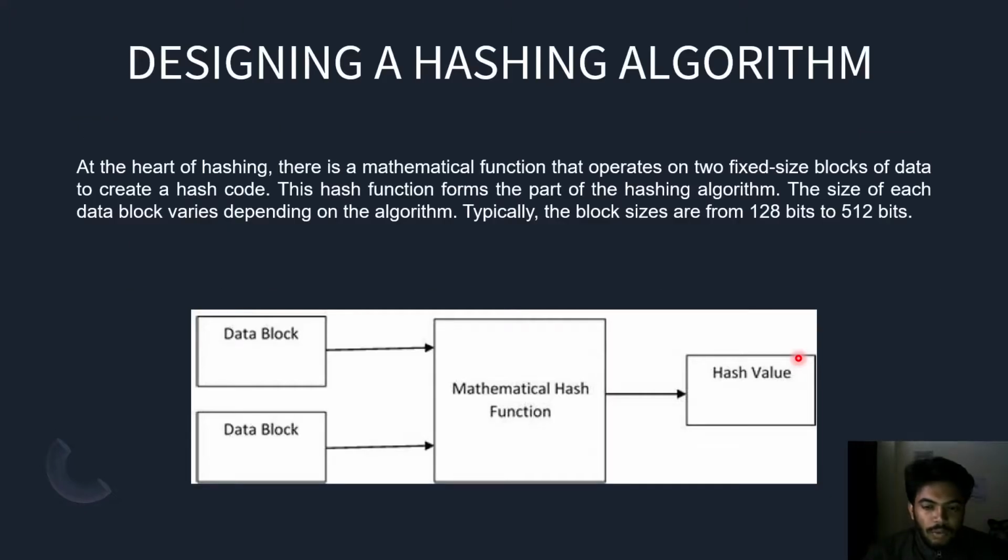Now let's see how a hashing algorithm is designed. Fundamentally, there is a mathematical function which takes various blocks of data. It does some operation on one block and produces a hash value, takes another data block and produces the hash value, and goes on until it finds the end of the message.